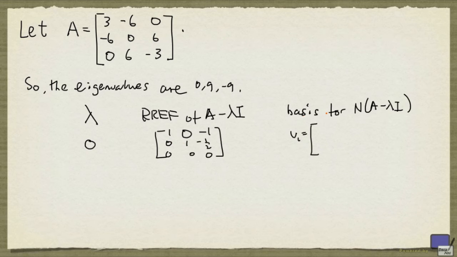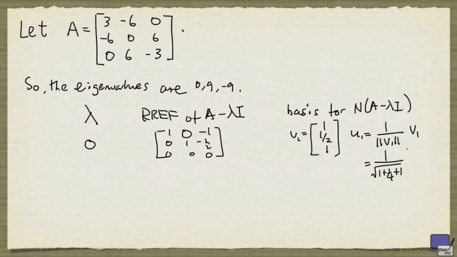And a non-zero vector in the null space of this matrix is 1, 1/2, 1. But then we need to normalize this. So we're going to take U1 to be 1 over the norm of V1 times V1. And the norm of V1 is going to be the square root of 1 squared plus 1/2 squared is 1/4 plus 1 squared, so that's plus 1.